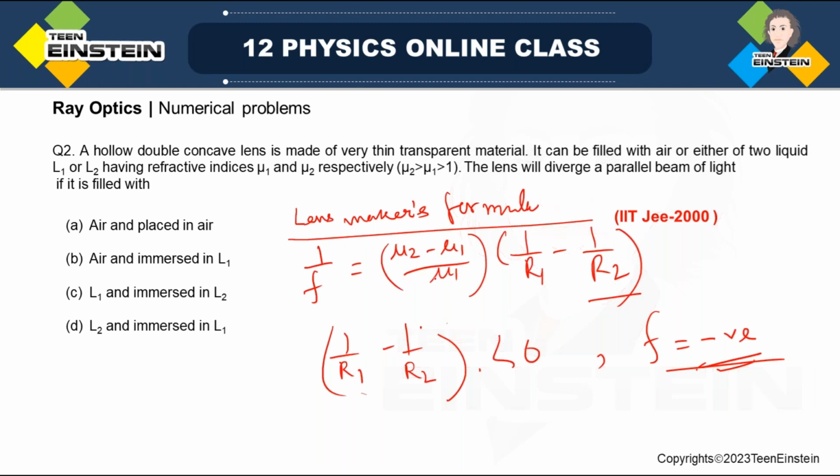The focal length will be negative because this is a diverging lens, parallel rays are diverged. So focal length has to be negative obviously.